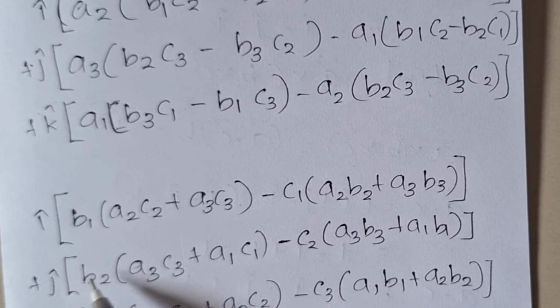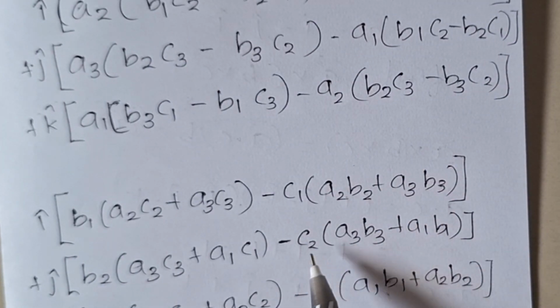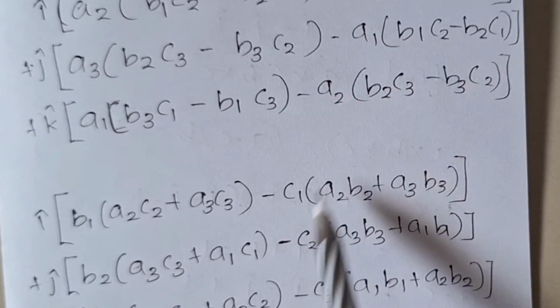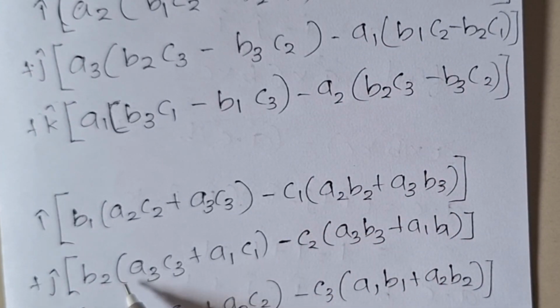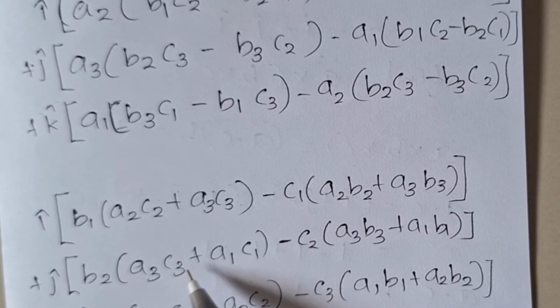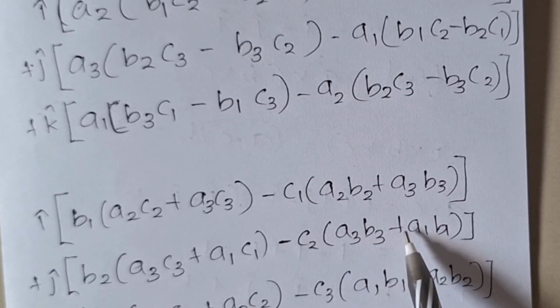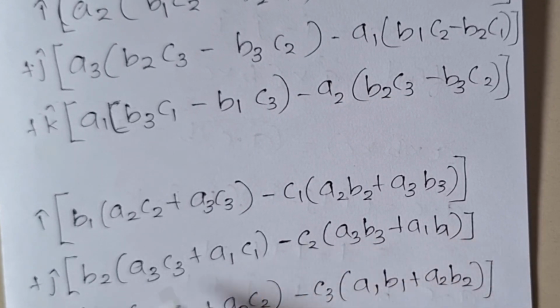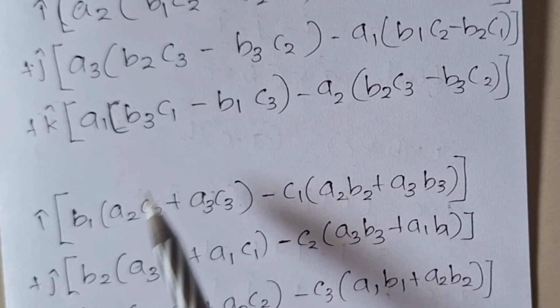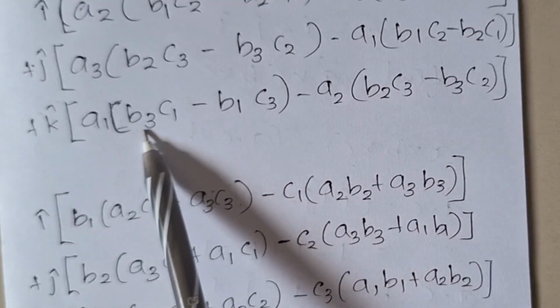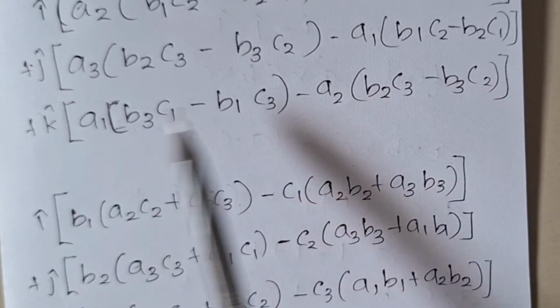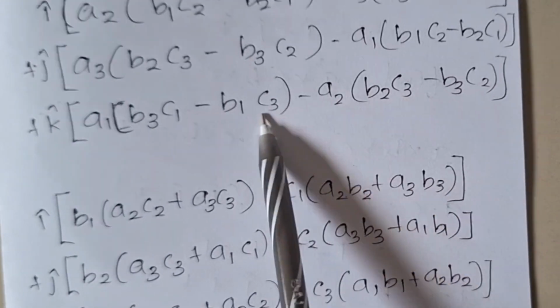Similarly, we can take B2 as common from these two terms and C2 as common from these two terms. So we get B2 into (A3 C3 plus A1 C1) minus C2 into (A3 B3 plus A1 B1). Similarly, in the K term also, we can take B3 common from here and C3 common from here.